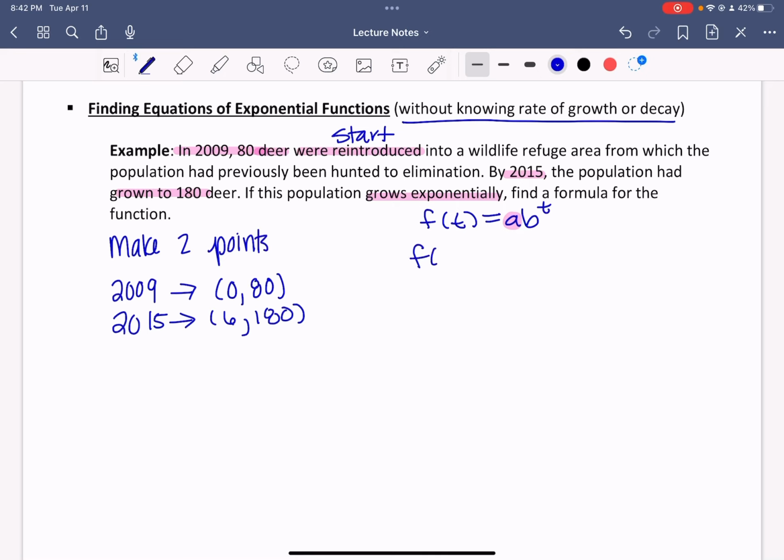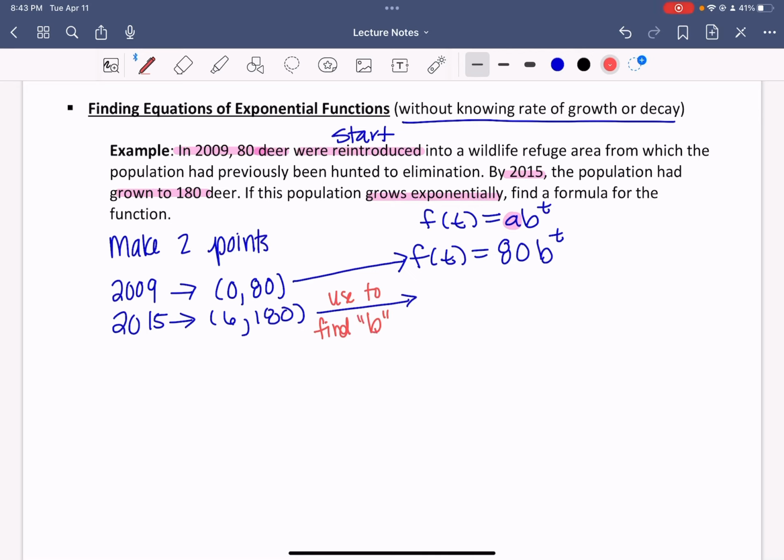So when I go down here to create this, f of t is equal to A, which is 80, my starting value, B to the t. And so what I want to do is, this one helped me to see that initial value. So I'm going to use this second piece here to find my B value.